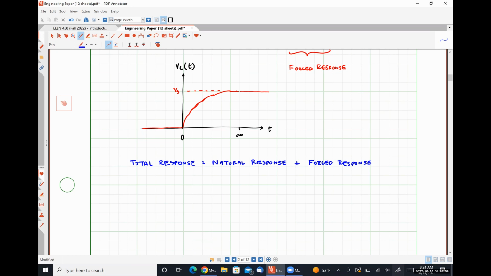So it's a combination of what the circuit would behave like if we didn't force it to do something, plus the effects of forcing it to do things.